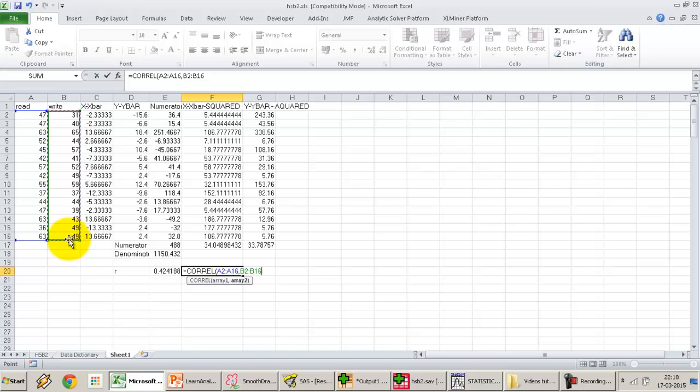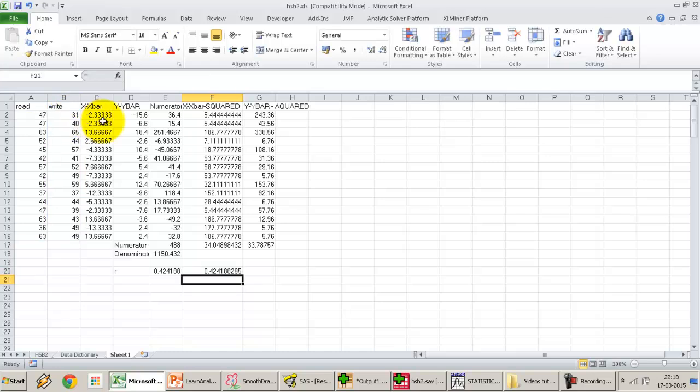Each point is defined by the two variables that we have. So the number of observations in each variable has to be exactly the same, and they need to be paired. So correlation is a paired statistic. By paired I mean these two arrays are not supposed to be independent samples. They're supposed to be paired samples, i.e. for the same observation we have a value for x, and for the same observation we have a value for y. And we look at it, and we get the exact same correlation over here.